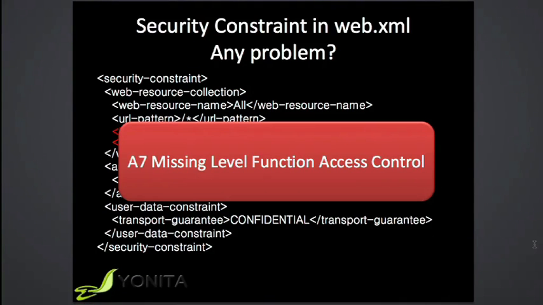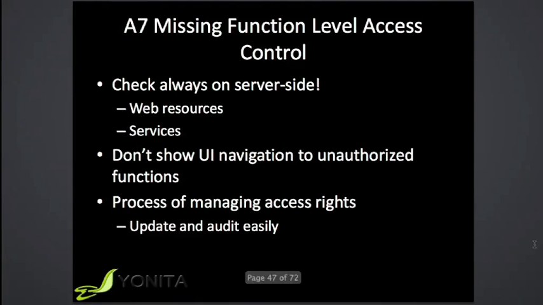And here we have a connection to another point from the OWASP Top 10, missing function level access control. In case of missing function level access control, we should remember to always check on the server side, to protect all web resources, to protect all services, including EJB, remote EJBs.